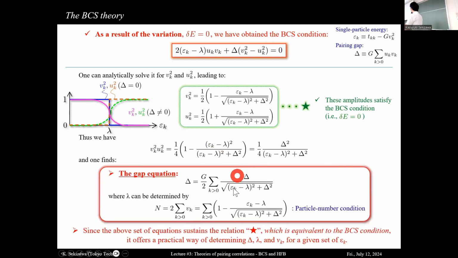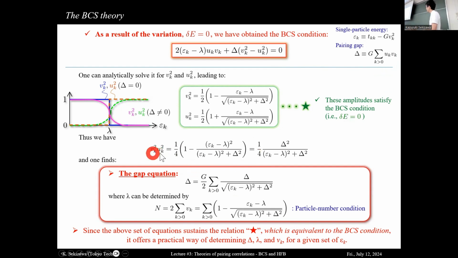Why I did this is to get the so-called gap equation. The definition of the pairing gap is here, given by G, the pairing strength, times the summation of UV.